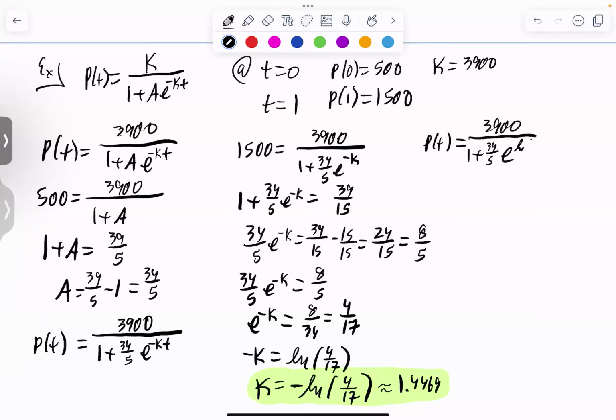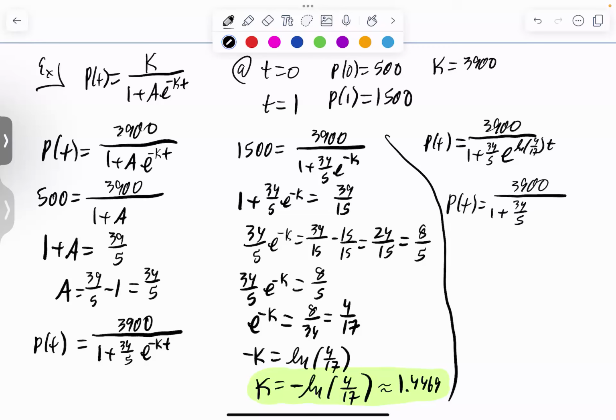This becomes ln of 4 over 17 t. So let's write this here. P of t is 3,900 over 1 plus 34 over 5, 4 over 17 to the t power. And there is our total function.